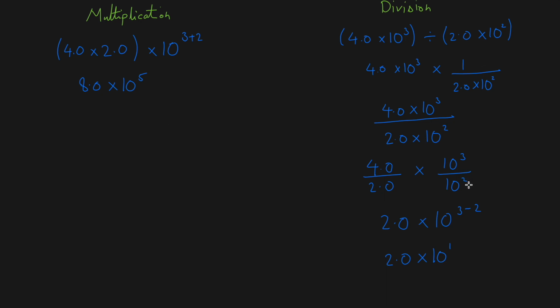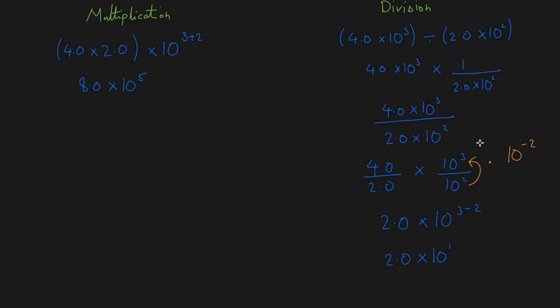What happened here is we took 10 to the power 2 and put it beside 10 to the power 3, and in doing that process, 10 to the power 2 becomes 10 to the power minus 2. So we are now multiplying 10 to the power 3 times 10 to the power minus 2, so we are adding: 3 minus 2. Here we have 10 to the power 1.